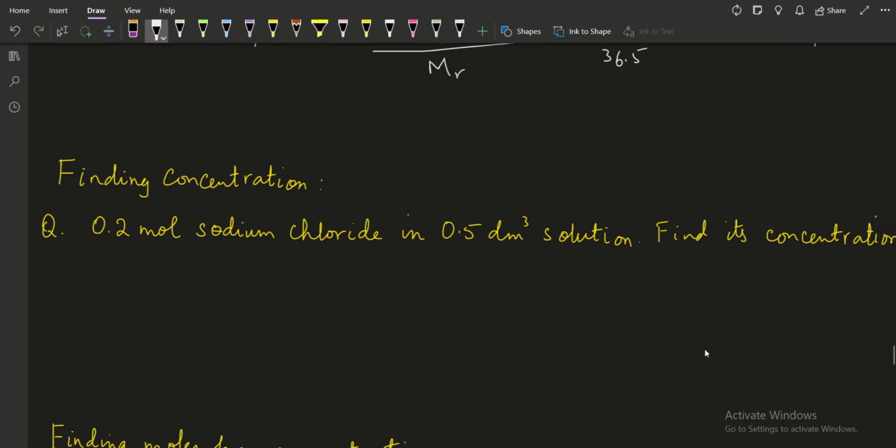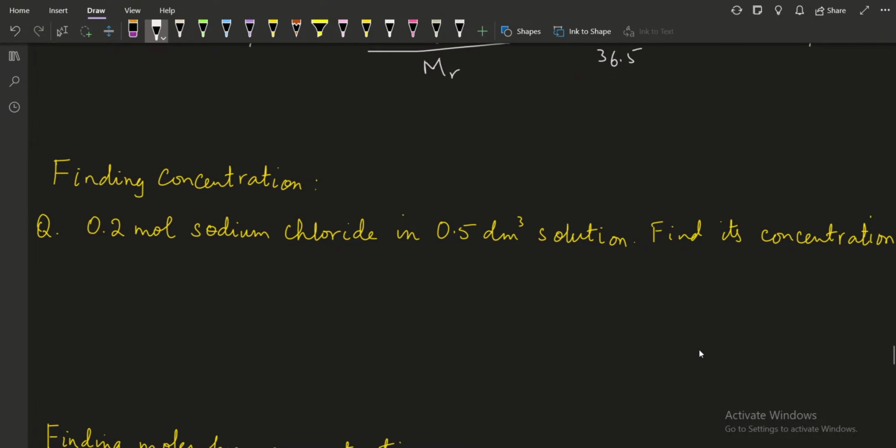Moving on to the next question, if we have to find out concentration, for example, if 0.2 mole of sodium chloride is in 0.5 cubic decimeter of solution, find its concentration. So first of all, you have to write the data: the number of moles is 0.2 moles, and the volume is 0.5 cubic decimeter, and we have to calculate the concentration.